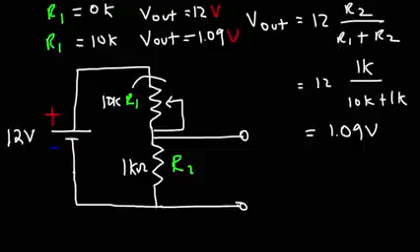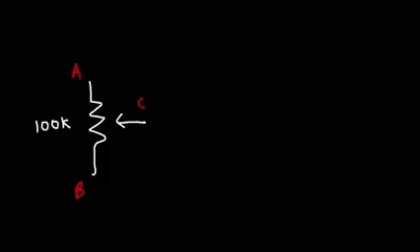Now the way we connected this potentiometer was different than what we did before. This time, instead of just using 2 of the 3 pins, we used all 3. So I want to talk about what's happening when you see a potentiometer connected that way. So we have our 3 points, point A, point B, and point C. And let's use a 100 kilo ohm potentiometer.